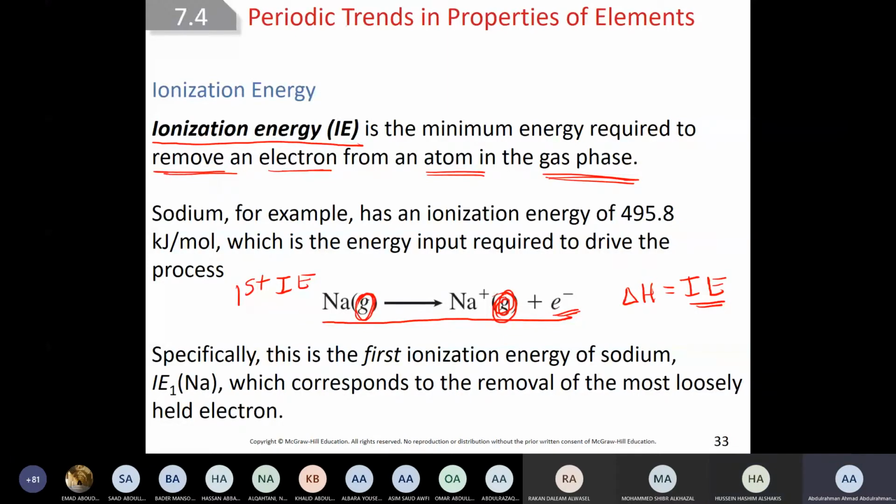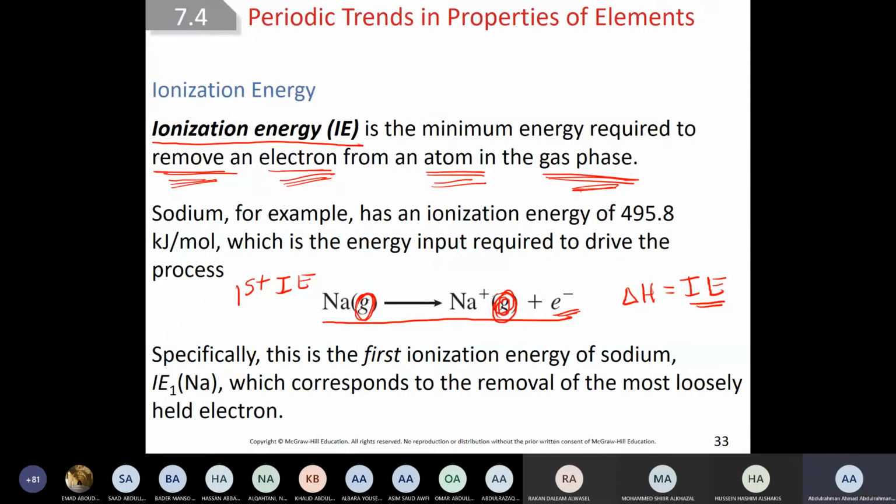So read this again. What's ionization energy? It's the energy required to remove an electron from an atom in the gas phase. Everything in gas phase.